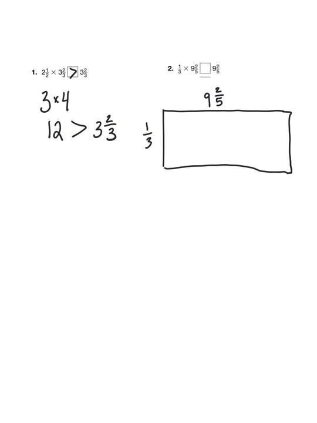There we go. Okay, so we are going to figure out 9 2/5 times 1/3. And without multiplying, we should know that that's going to be bigger than 9 2/5. So for number 2, we'll use the greater than symbol.